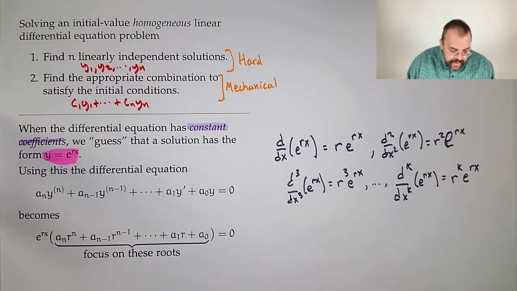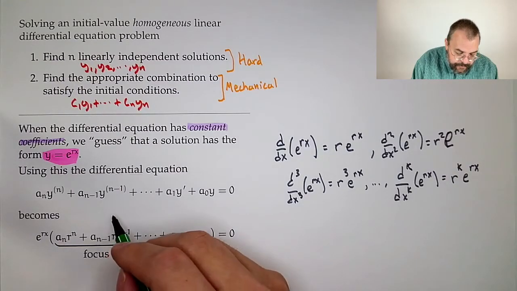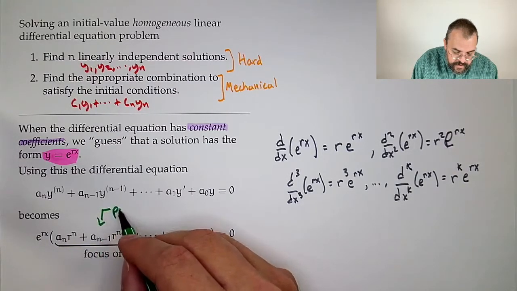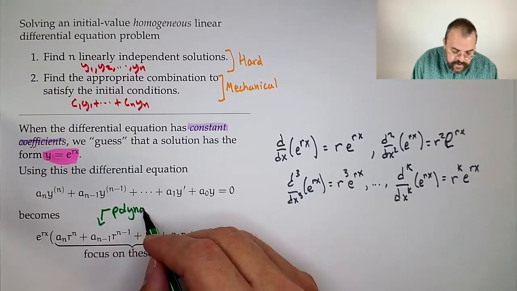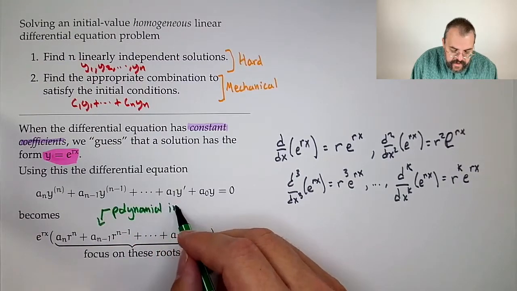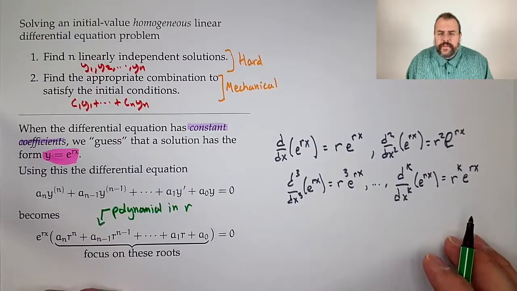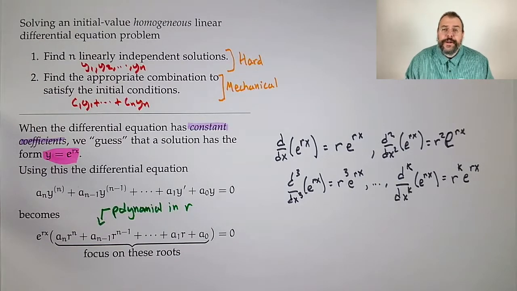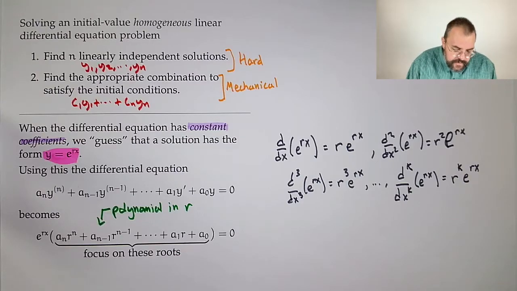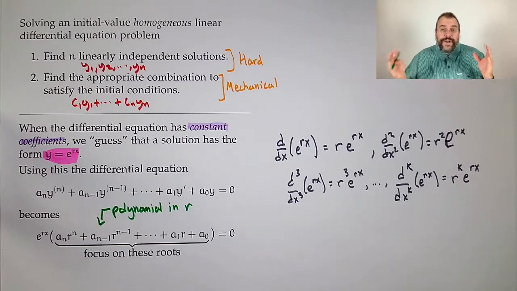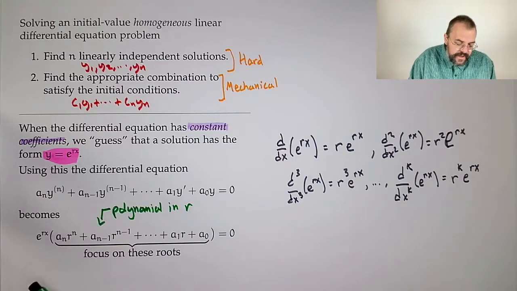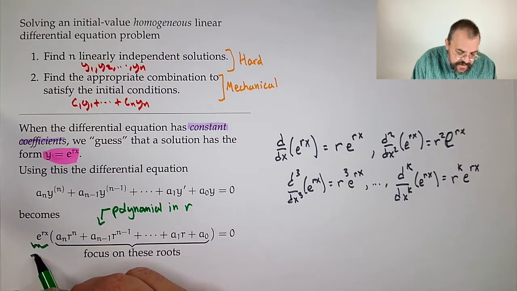So what do we have? Well, this is our great, hey, check this out: this is a polynomial in the variable r. Sometimes I think it might be called the characteristic polynomial. But the punchline here is, we want this to equal 0 because we want a solution. So how can something equal 0? Well, e to the rx, this piece over here, is never 0.